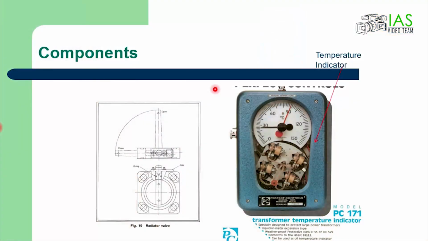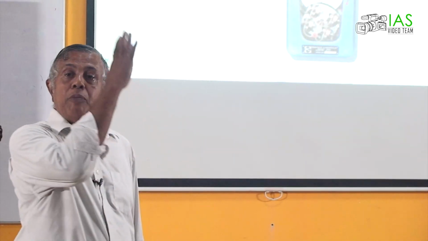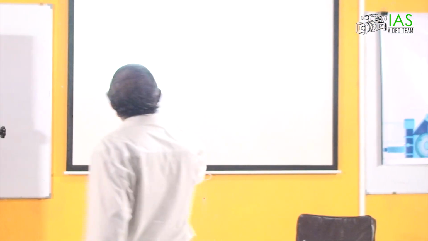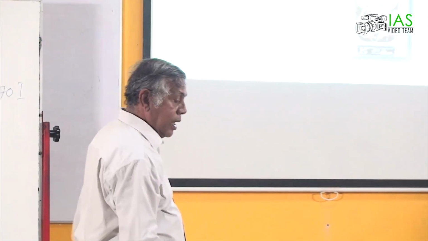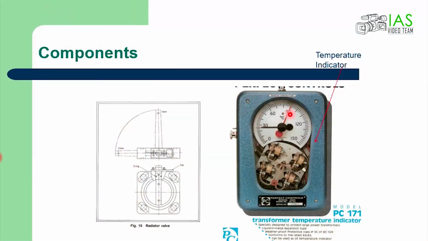So this is a temperature indicator, and this red pointer goes up to the maximum point and stops. The other pointer, the black pointer, goes to the temperature, pushing the red one. So ultimately, you can say this transformer has reached 90 degrees top oil temperature.